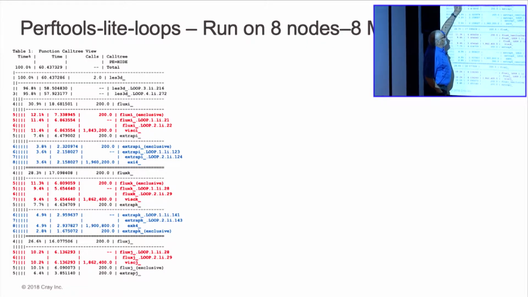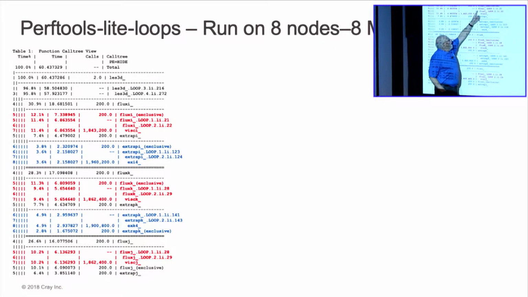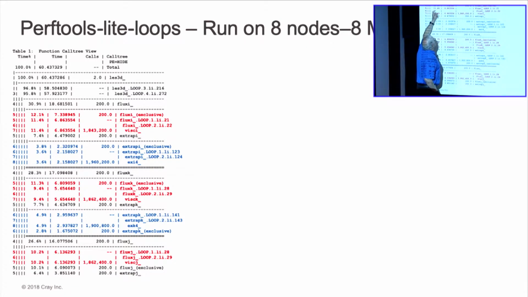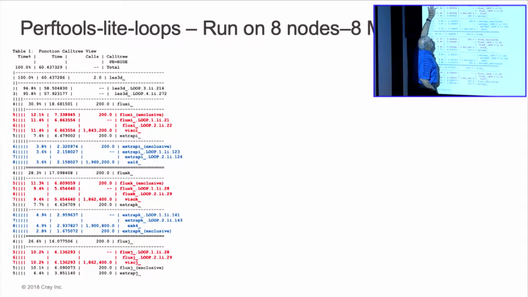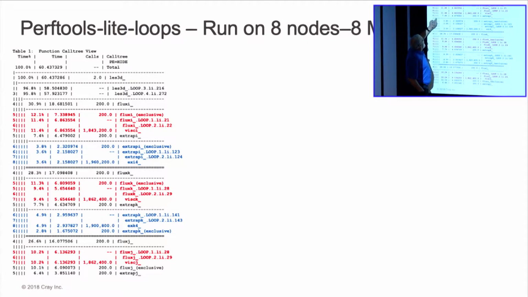So here we have a very important loop that's actually using 11.4%. It's doubly nested. It calls Levesque. Now then, it comes back into flux I, and it calls extra PI, which has a double nested loop in it.